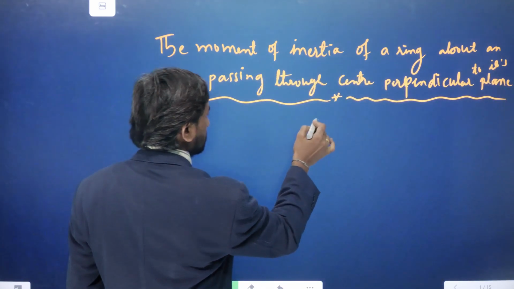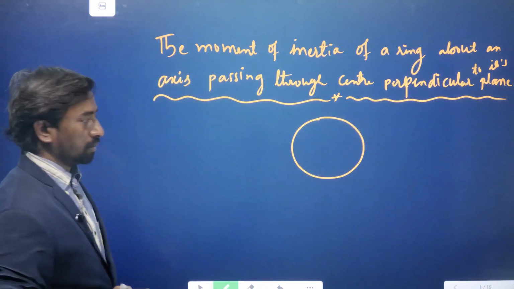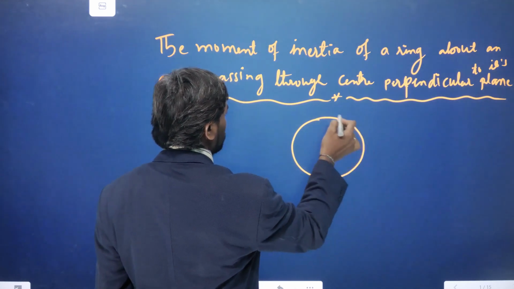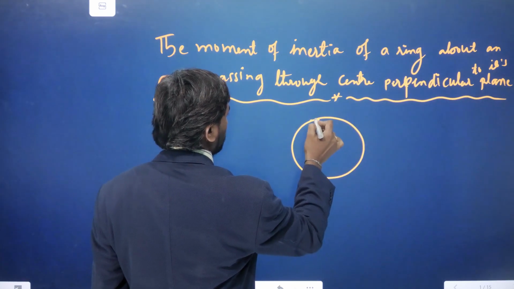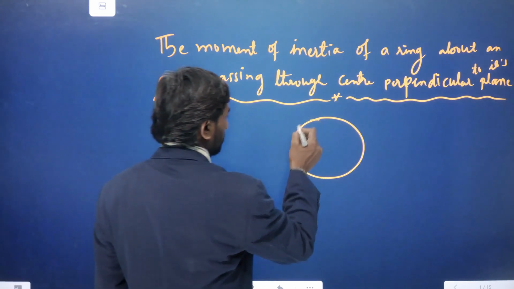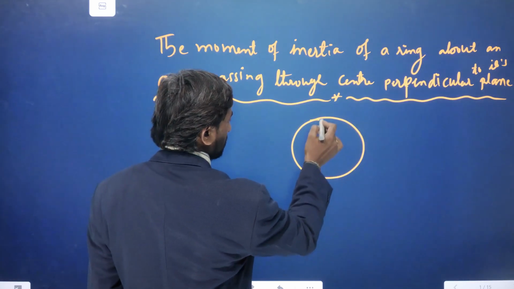Suppose let us consider this is a circle, a ring, and ring means the mass is present only at the edge, at the periphery of the body, like a bangle. So the center of mass will be here.